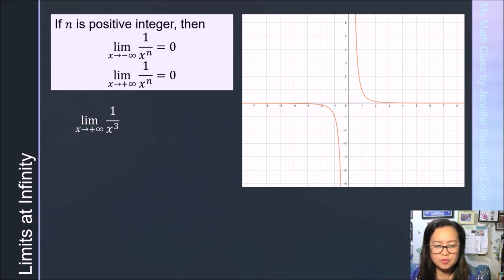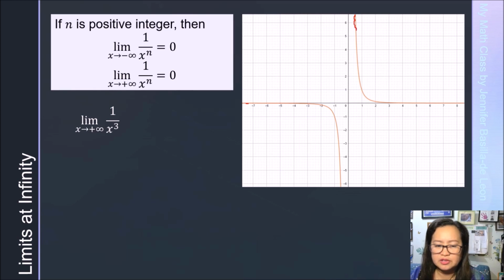approaches positive infinity. Now, take a look at this. Since we are approaching positive infinity, that means we will start from the left to the right. So tracing this, we will go to positive infinity.